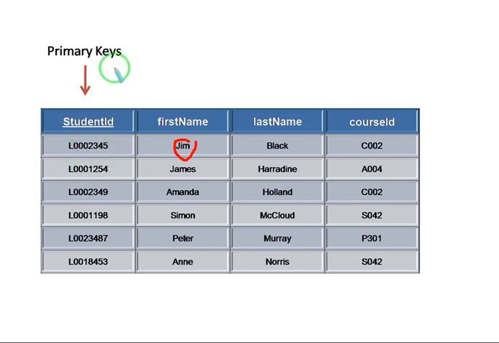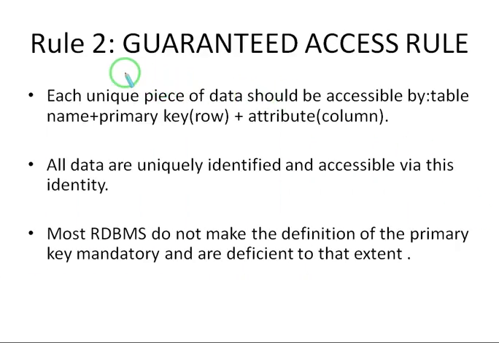For this I use the table name, this attribute name and this primary key. In this way we can access any data. So this rule is termed the guaranteed access rule. Dear student, we can access the data in a relational data model using the table name, primary key and attribute or column name.